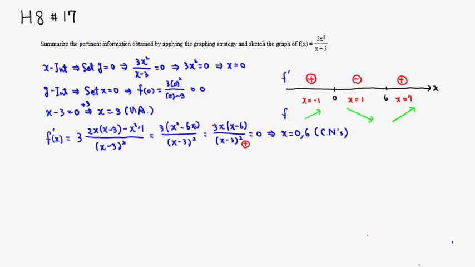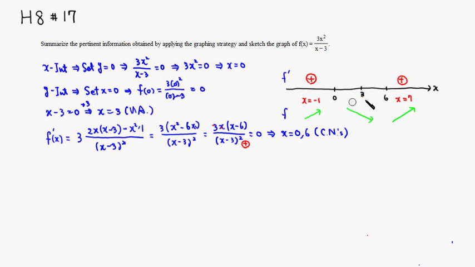Alright, remember that here x equals 3 is not defined, so I should have put x equals 3 there. Alright, and then we have to do this separately. In this case we know that it's going to be a negative sign.